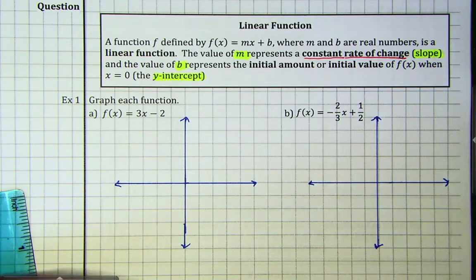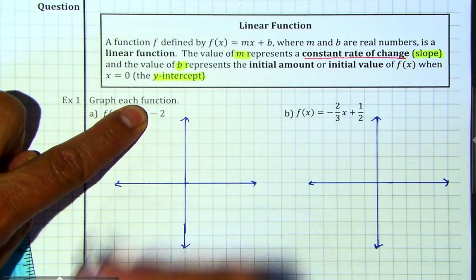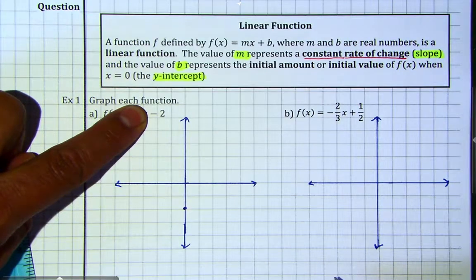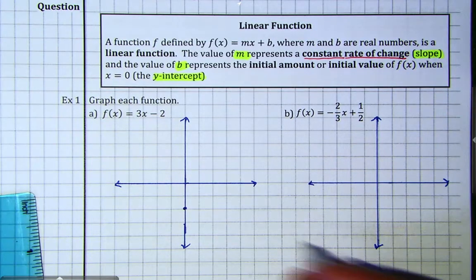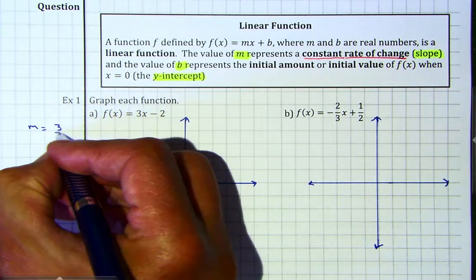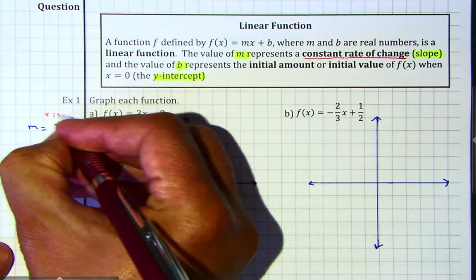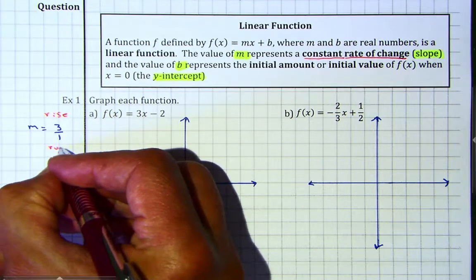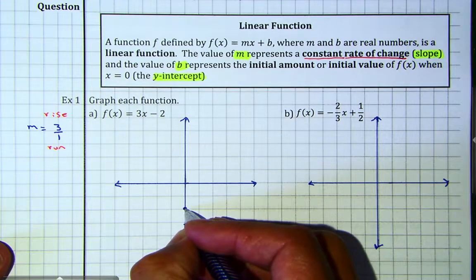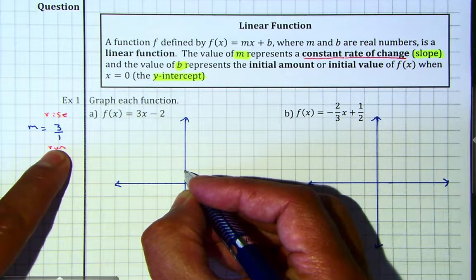You got it? So in this case, we know that our y-intercept is -2. That is the initial value. So I'm going to go down 2. That is the y-intercept. We know that 3 is your slope. And when we are dealing with the slope, we want to make sure that we make it into a fraction, correct? We also know that your slope is your rise over your run. So therefore, from my y-intercept, I'm going to go up 3, and it's positive 1, so I go to the right 1.